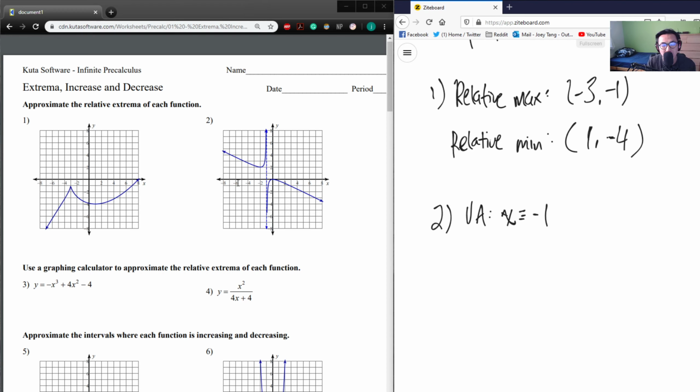We don't have an absolute maximum or minimum, because if you look here, it's heading towards positive infinity, and down here, when x approaches infinity, y is approaching negative infinity. We'll talk about end behaviors probably next video, but that's just a little preview of how we know it does not have an absolute maximum or minimum, or if it does, it's at positive infinity. It's not a specific defined value in this case.